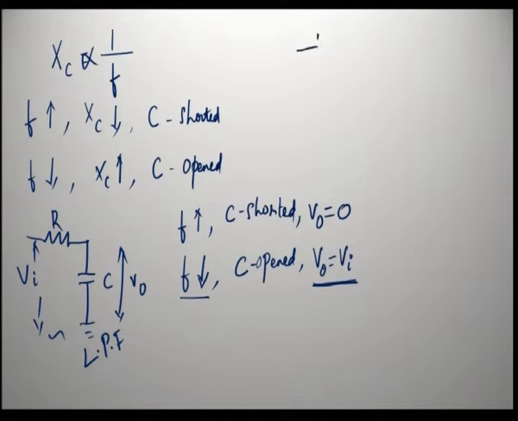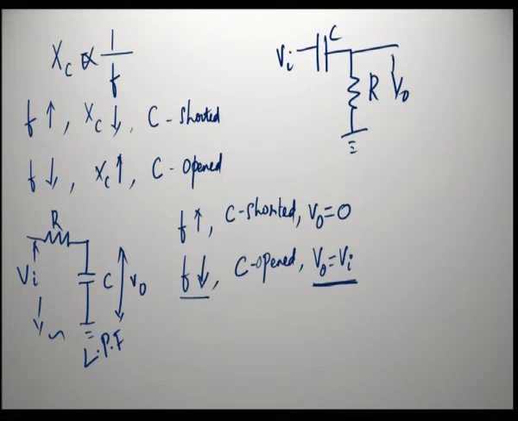For the reverse, if the capacitance is in the series arm and the resistance is in the shunt arm, suppose you are going to take the output across the resistance. Again, if the frequency is high, C is shorted. So, this loop is shorted, and what is the output now?